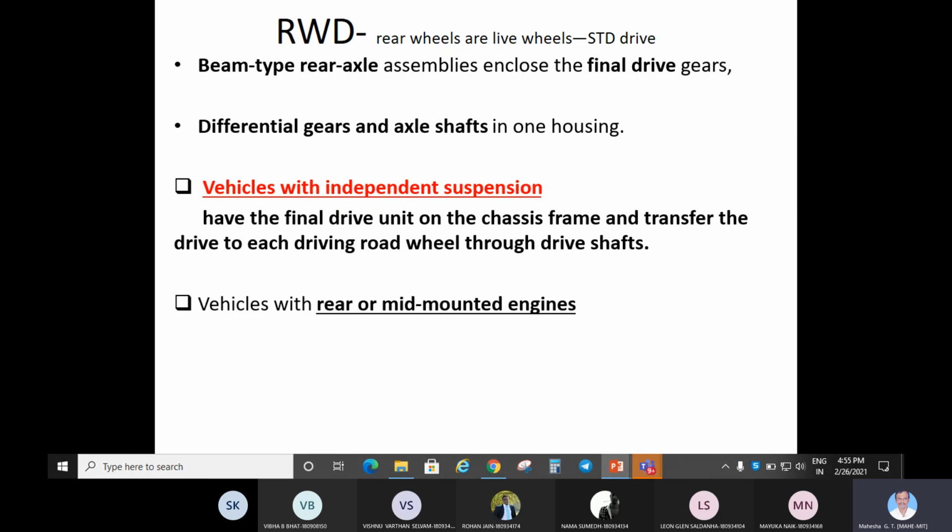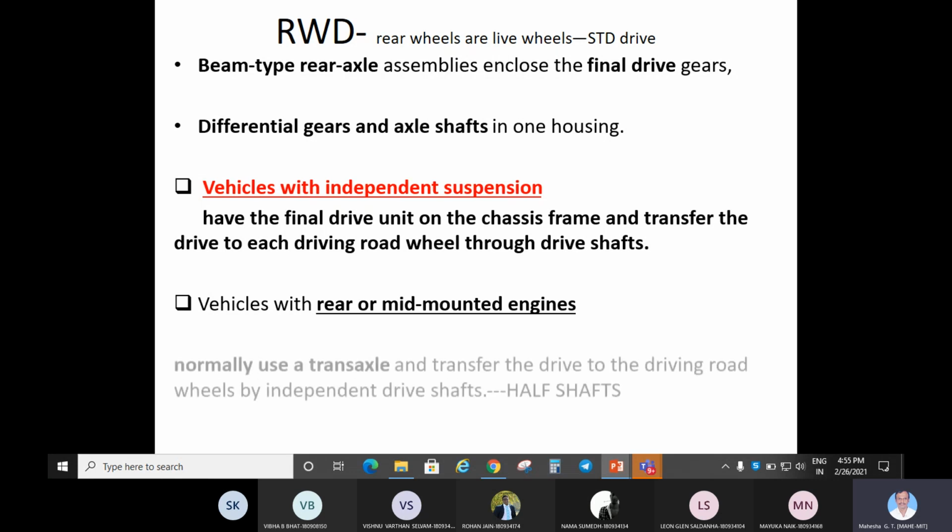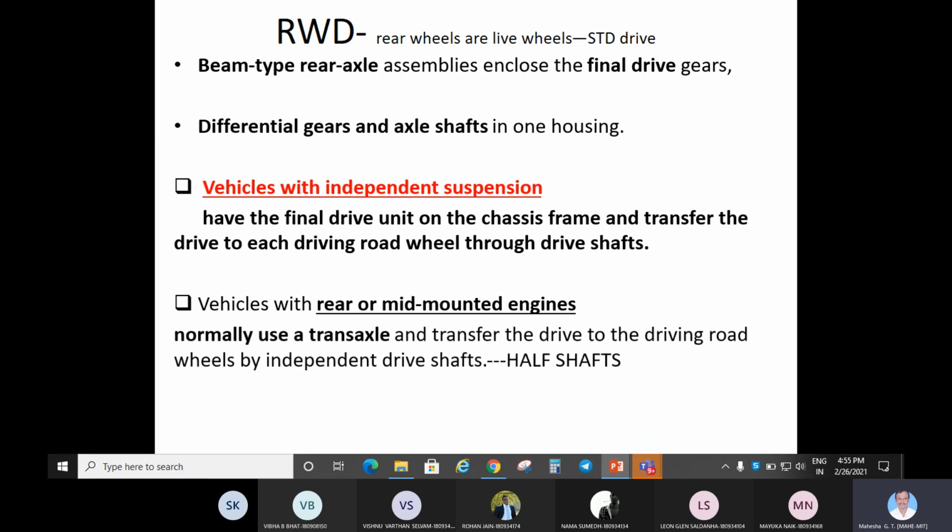Vehicles with rear or mid mounted engines: suppose this is a special case where rear wheel drive is there again, where the back axle is the live axle. Normally use a transaxle because all of them are put together. It is similar to what we discussed with regard to front engine front wheel drive. There are many examples that you can list: rear mounted engine and rear wheels being driven directly.